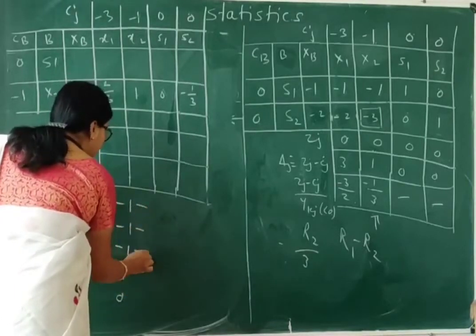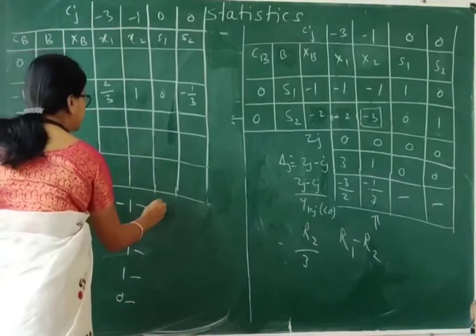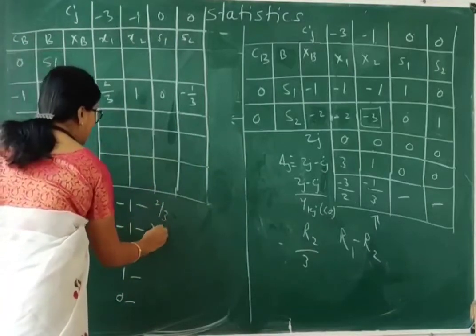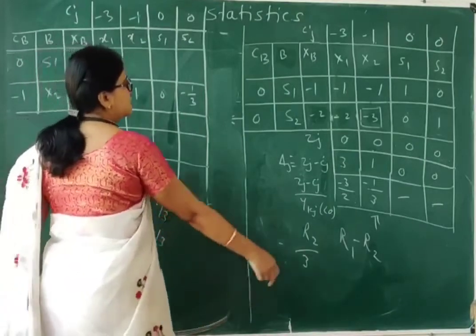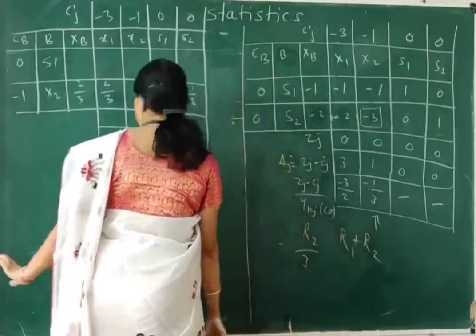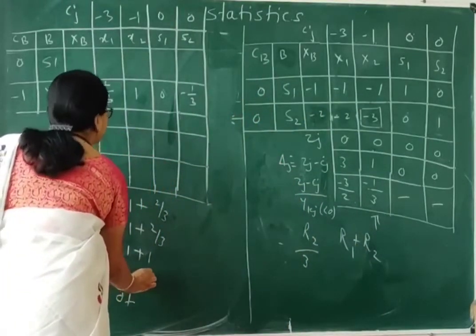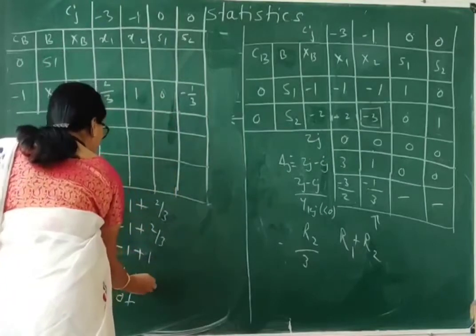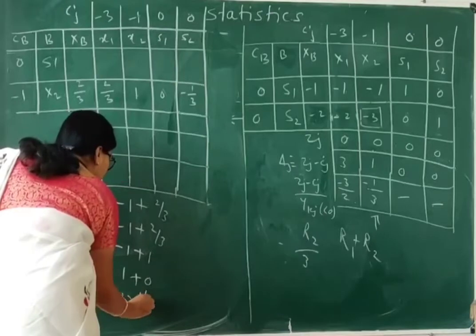Now we subtract the values of R2. R2 is -2 by 3, again -2 by 3. Since it is minus, it is -1, which means we need to add this. So let me add it. Again, what do we add now? 0. And the last value, since it is minus, is -1 by 3.